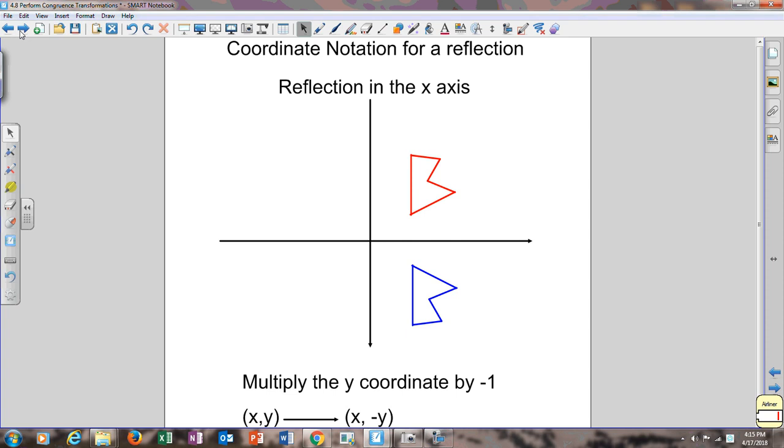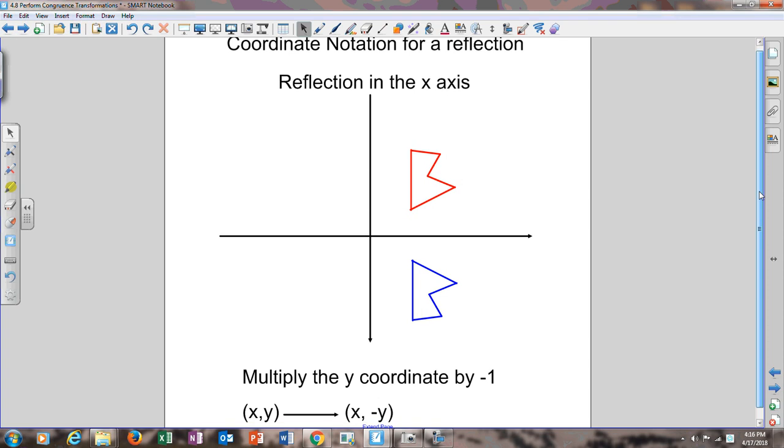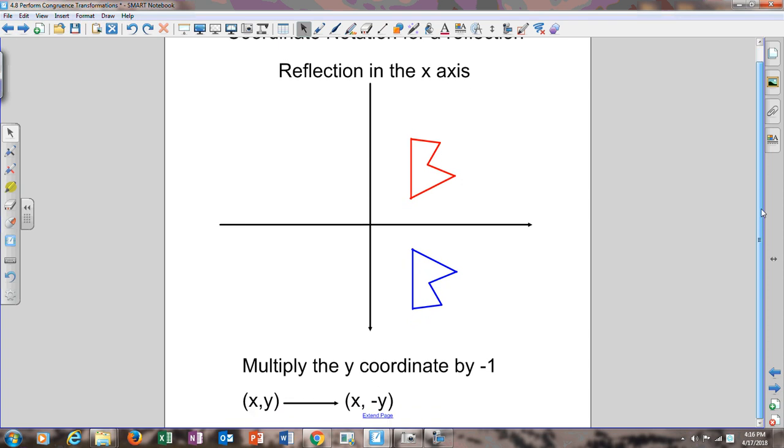Okay. Coordinate notation for a reflection. If you're reflecting a figure across the x-axis, then you multiply the y-coordinate by -1. So if it's a reflection in the x-axis, which means it's flipping from here downward to here, then you multiply the y-coordinate by -1, and these would be your new coordinates.